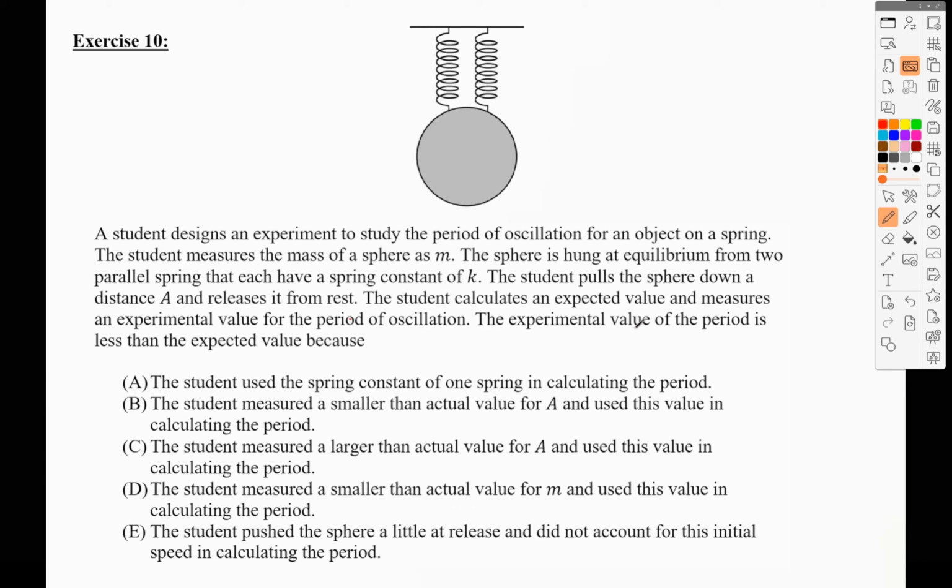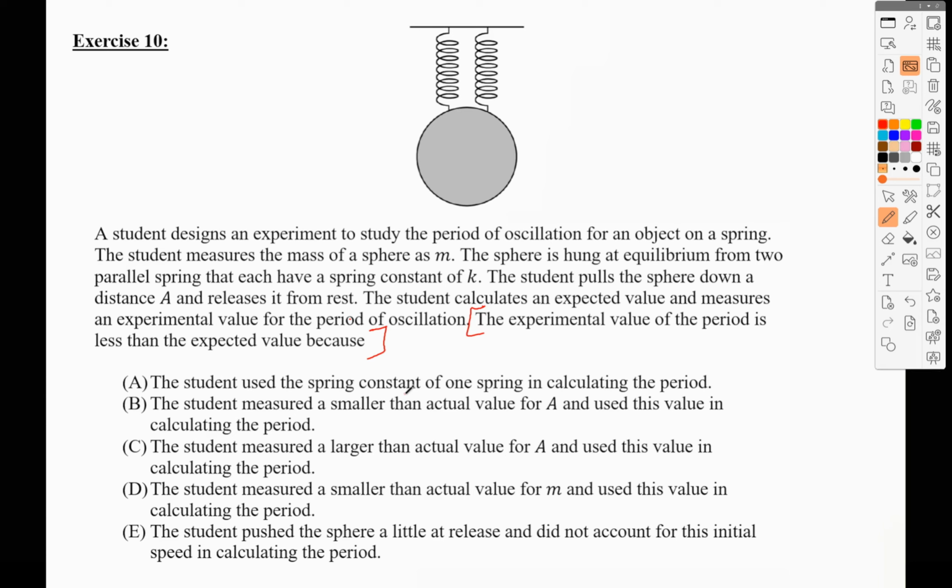The experimental value, here we should be very careful, the experimental value of the period is less than the expected value because. Now, one way to think about the problem after reading it. They're telling us why the experimental value of the period is less than the expected value, or you can think about it, here we're trying to compare theoretical and experimental.